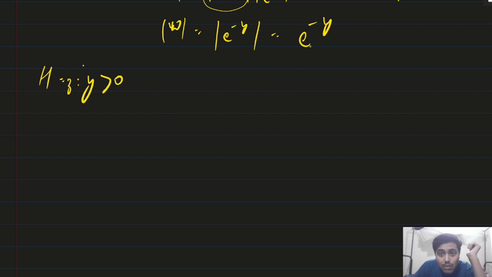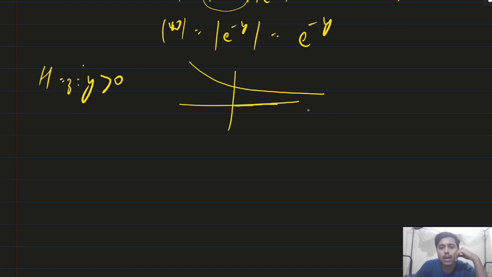Now what will be the value of e to the power minus y? The e to the power minus y graph is like this, right? Now we are given y greater than 0, means it is starting from here. Think like this, it is the y axis. So y greater than 0 means this graph is coming out.